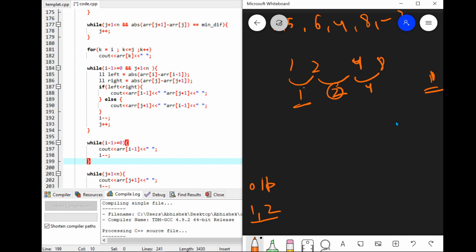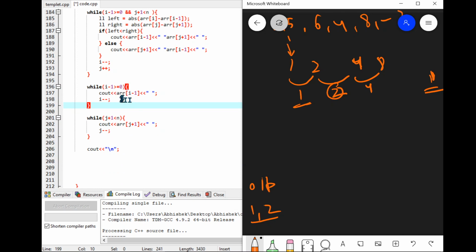And then this entire loop won't happen because of this condition, as we have reached i equal to 0, and this loop will again not happen, so this loop would happen.